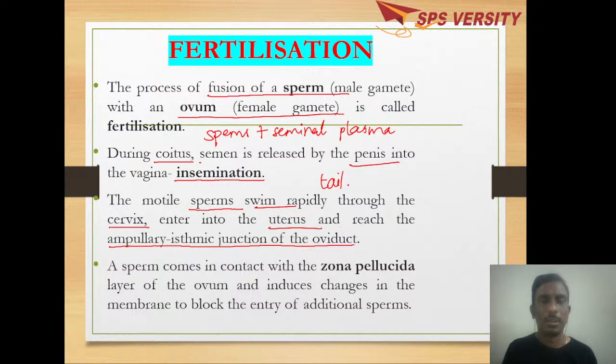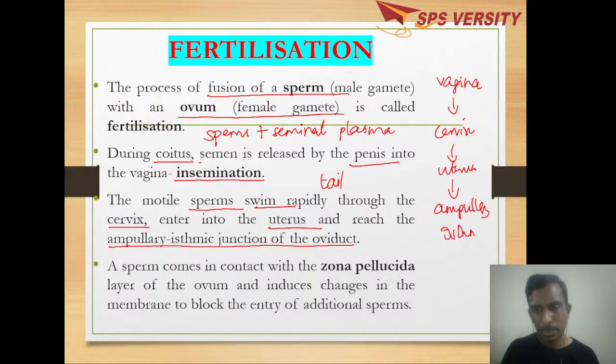That is, the pathway of sperms starts with the vagina, next is the cervix, next is the uterus, next is the oviduct, and they reach up to the ampullary isthmic junction.